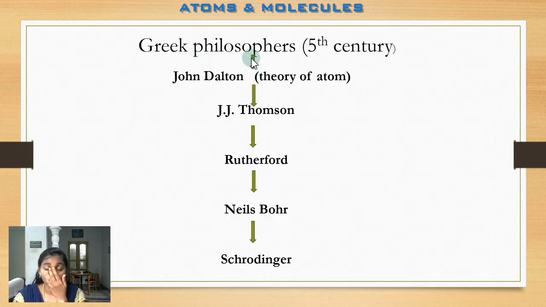Greek philosophers in the 5th century gave an idea of atom. I told you, you have to note one more question in your note. Greek philosophers gave an idea of an atom, and John Dalton proposed the theory of atom. So the next question is, who proposed the theory of an atom?